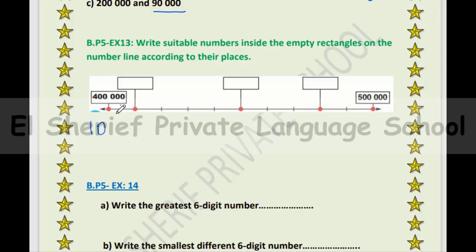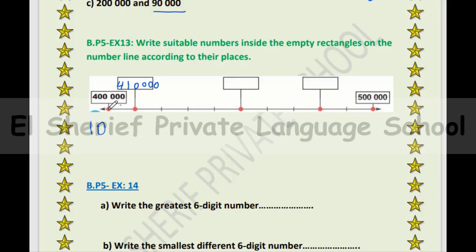We subtract them and we will get 100,000, and we have 10 equal spaces, so we divide it. Okay, why? To get these spaces. So we will add to 400,000 just 10,000. Okay, 400,000 plus 10,000, we will get 410,000.